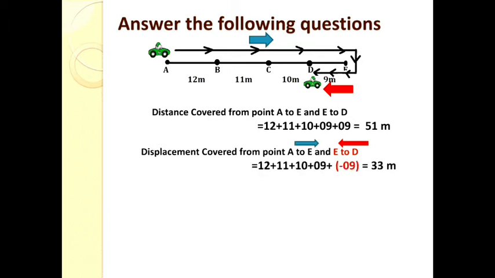In this way, the total displacement from A to E was 12 plus 11 plus 10 plus 9. But as the direction from E to D is opposite, the displacement from E to D is taken as minus 9. So, the total displacement covered is equal to 33 meters.